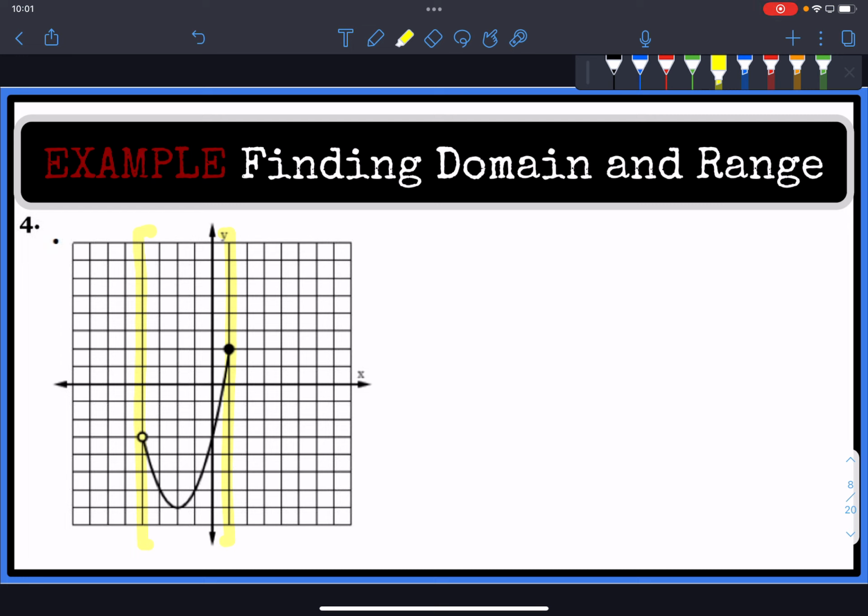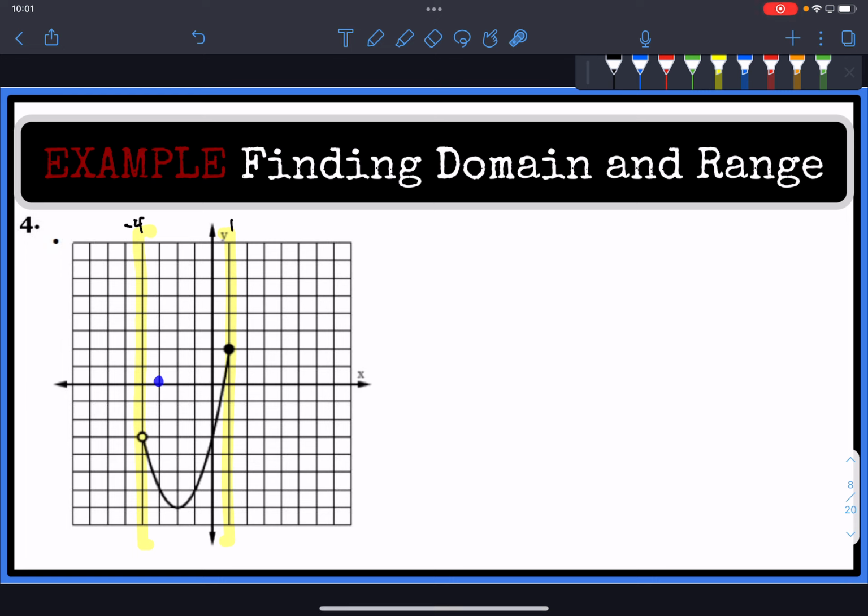So here I can't say that my domain is simply the numbers between -4 and 1, listing -3, -2, -1, 0, and 1. First of all, -4 doesn't count because of the open circle right there.